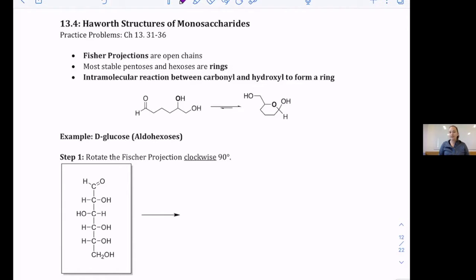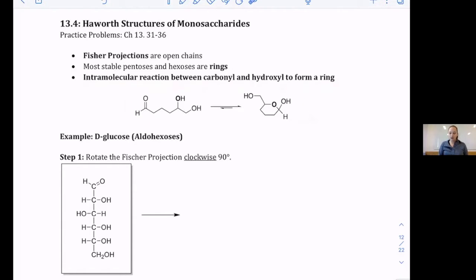What happens is there's an intramolecular reaction between the carbonyl carbon and the hydroxyl on the end, or the last hydroxyl that's chiral, to form a ring. So this is the general scheme for this.